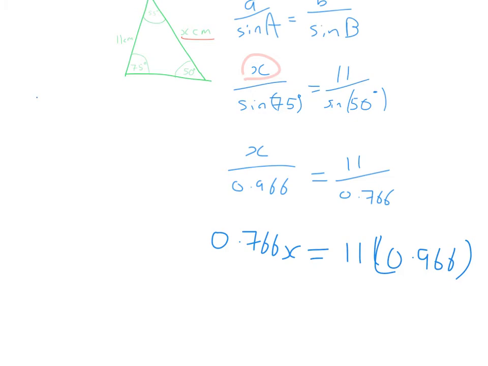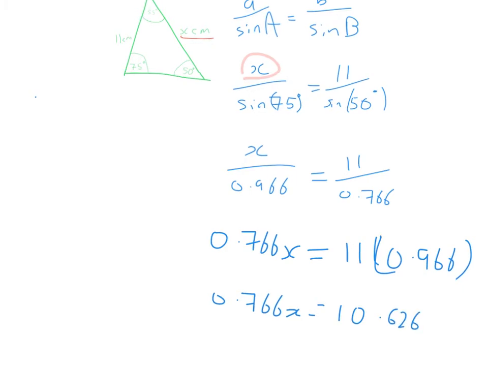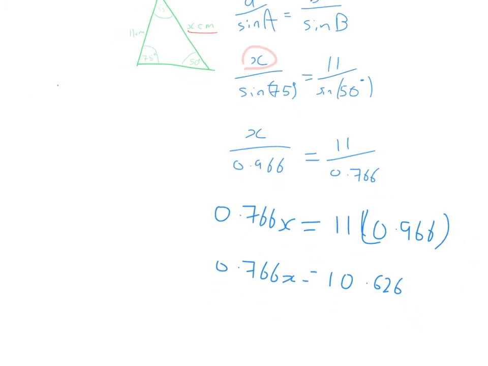So on the left hand side we stay with 0.766x. On the right hand side that gives us 10.626. And then just to solve finally for x, we're going to divide both sides by 0.766.